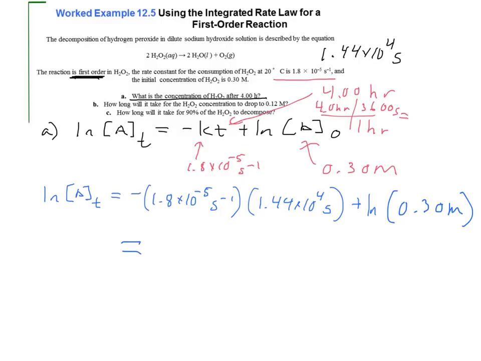A negative 0.259 plus the natural log of 0.3. So natural log 0.3 is a negative 1.20. That gives negative 1.463, which equals the natural log of A sub t.